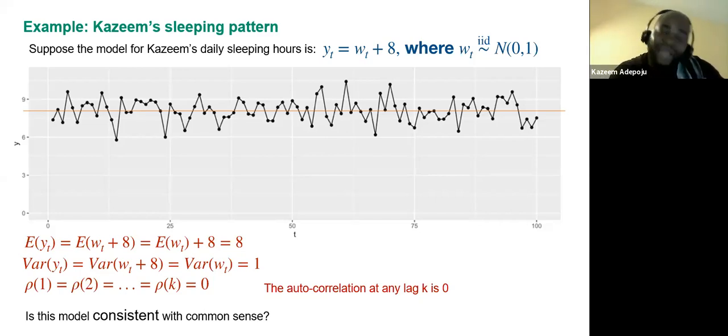Having a white noise model, of course, the correlation with respect to any lag is going to be zero across the board, and they're going to be independent. Which means there is no connection between what we record now and what we record in the past. It could be the immediate past, it could be a more distant past, and so on.